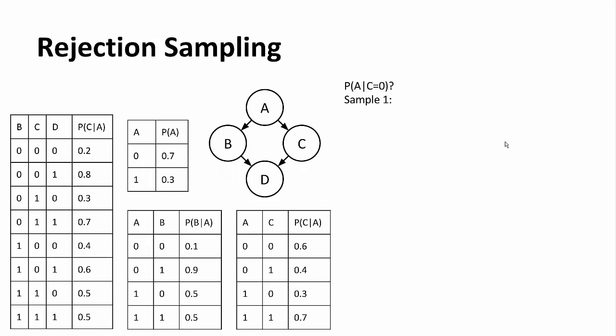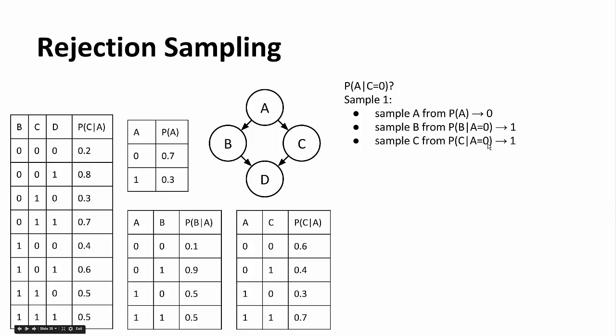Once again, now we're trying to estimate the probability of A given that C equals 0. We'll start by generating our first sample. You know all this, so we'll sample A from probability of A, say we get 0. Sample B from probability of B given that A equals 0, say we get 1. And now we get C. We'll sample C, like we did before, from P of C given that A equals 0, and say that we get 1 for the value of C. At this point, we know that we're not going to use this sample to answer this query because it's not consistent with the evidence.